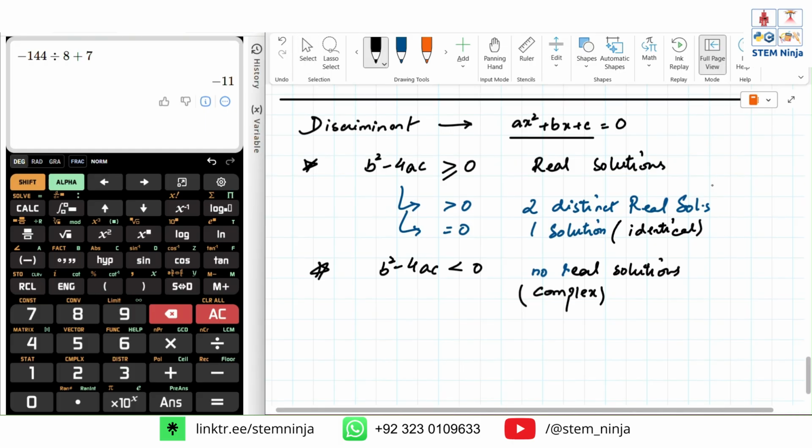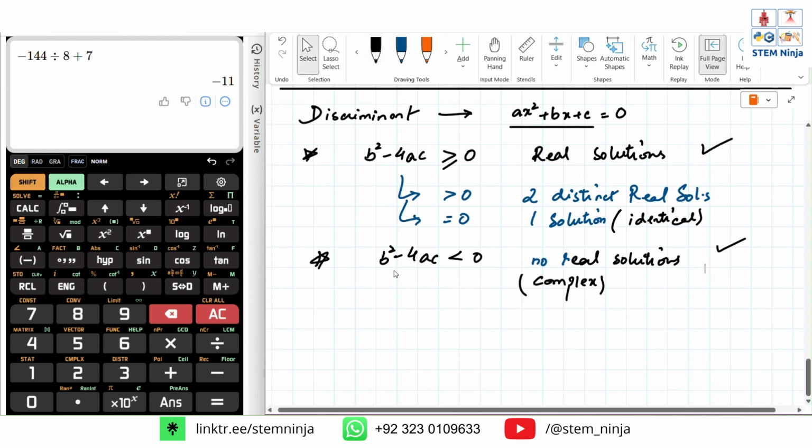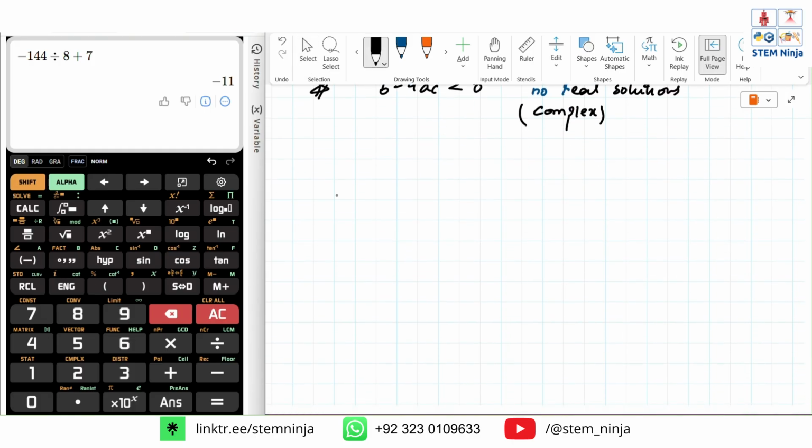Now, there are other ways to check whether a quadratic equation has a real solution or not. The easiest is the completed square form we have already seen. When we have a quadratic function ax squared plus bx plus c equal to 0, if a is positive, you will have a U-shaped graph, and if a is negative, you will have this type of graph.